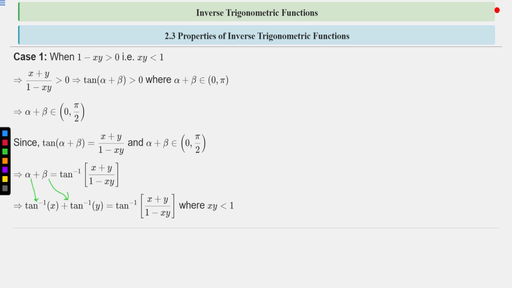Therefore, tan inverse x plus tan inverse y will be equal to tan inverse of (x plus y) upon (1 minus xy), where xy is less than 1, that we have assumed, because 1 minus xy is greater than 0. Clear?